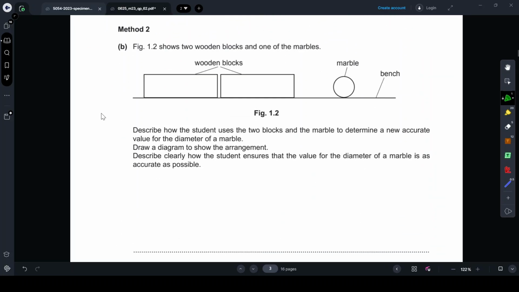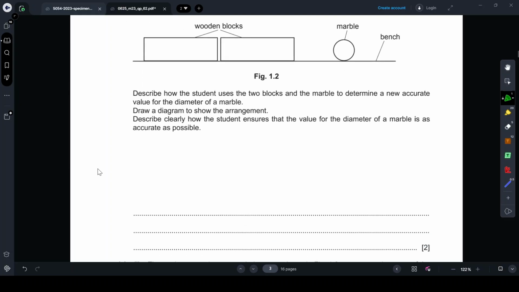Okay. Method 2. Figure 1.2 shows 2 wooden blocks and one of the marbles. Okay, so you can see the figure over there. So you've got the wooden blocks over here, you've got the marble on a bench. Describe how the student uses the 2 blocks and the marble to determine a new accurate value for the diameter of a marble.